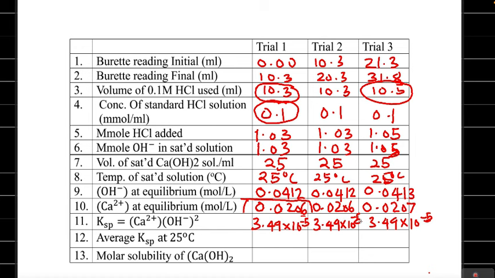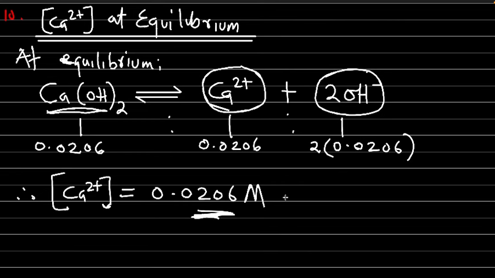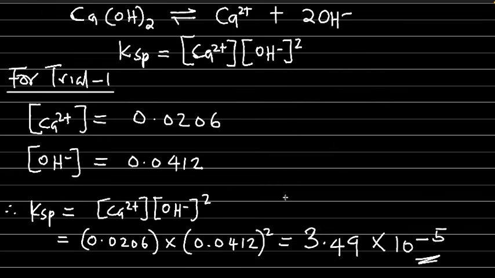All right. Now, for us to get the average of this, the average simply means add up this whole stuff and divide it by 3. So apparently, it's still going to give us the same thing. But to show them that you actually did it, just come here and say average Ksp equals 3.49 times 10 to the power of minus 5.